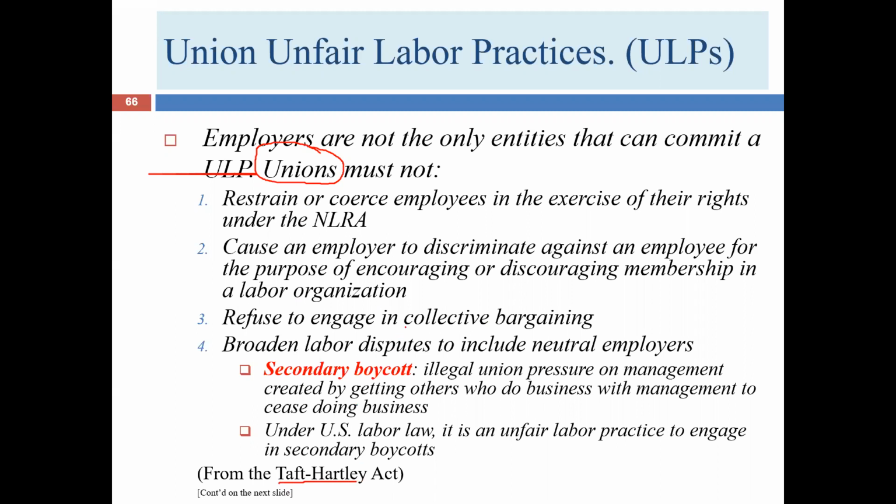They're trying to address what they perceive to be union excesses. So unions commit unfair labor practices when they restrain or coerce employees in the exercise of their rights under the NLRA, when they cause an employer to discriminate against an employee for the purposes of encouraging or discouraging membership in the union, when the union refuses to bargain collectively, and when they broaden labor disputes to include neutral employers.